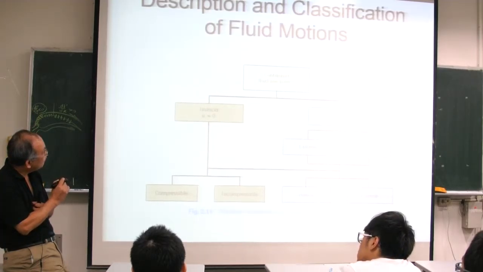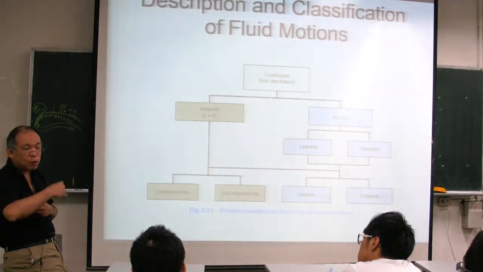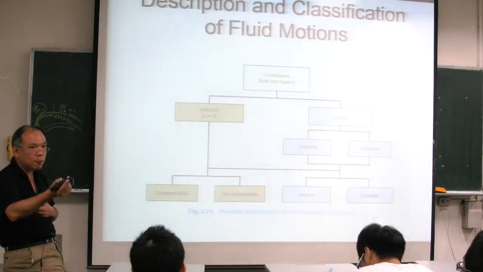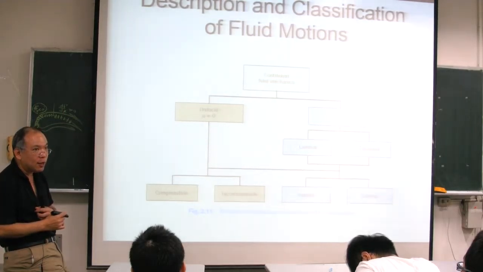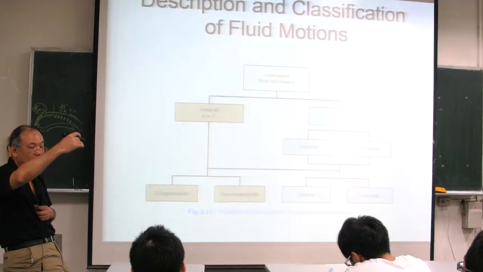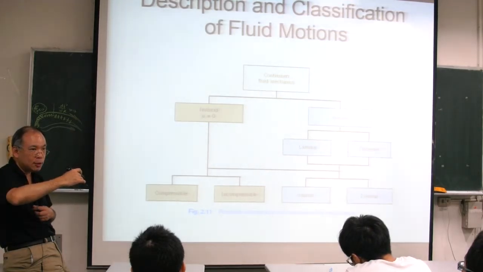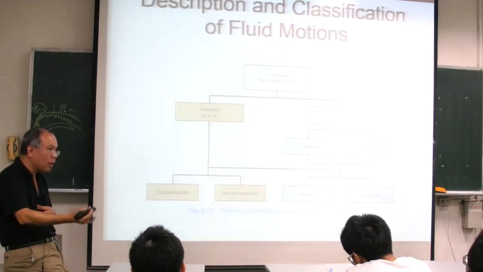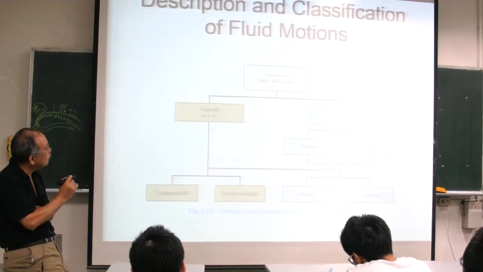Once we get this, we can write the basic equations, and we finally get the full Navier-Stokes equations, and the energy equation and continuity equation. So we have conservation of mass, conservation of momentum, conservation of energy, and everything is included here.